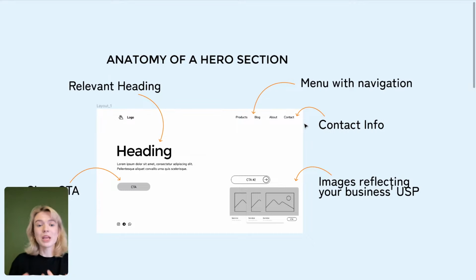Finally, make sure you always include some images reflecting your business unique selling proposition. Some people don't use images in the hero section, but I would say that for a general business related website, it's better to have some compelling, really well curated images on your website that really reflect what your business does.